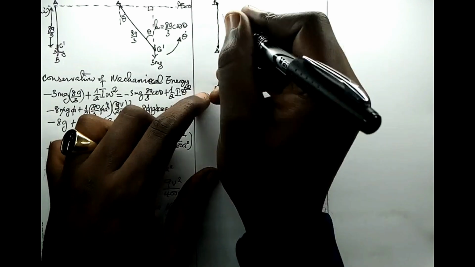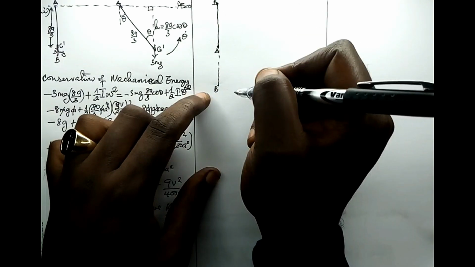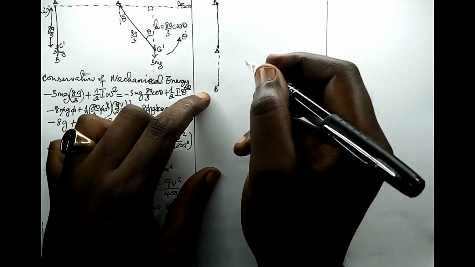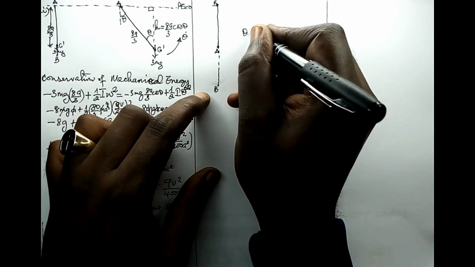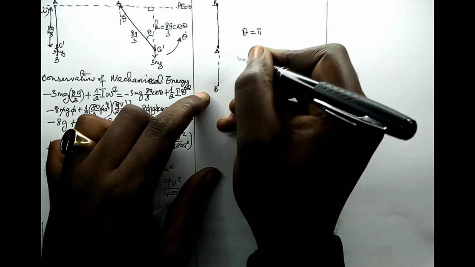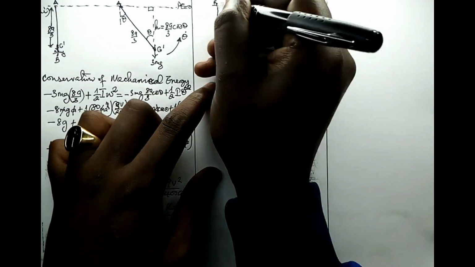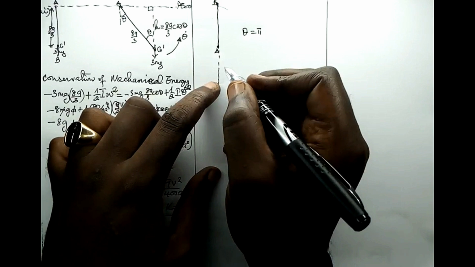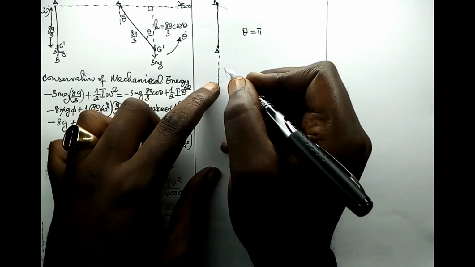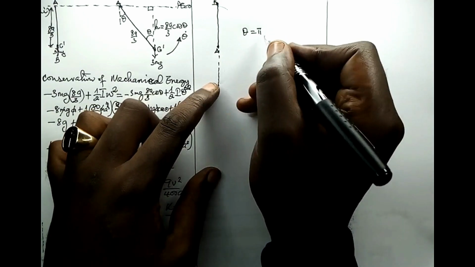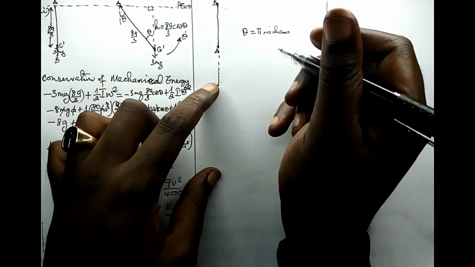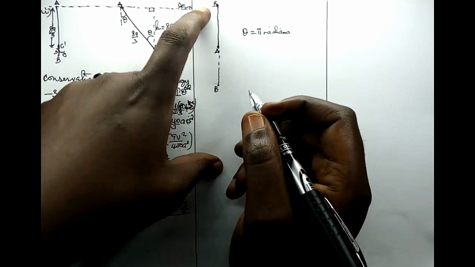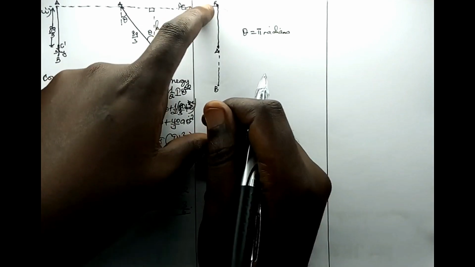For this to happen, the system should have turned an angle pi from here to arrive here, where the system first becomes vertical. It should have turned 180 degrees, which is pi radians. That's the first condition for the system to make complete revolutions.